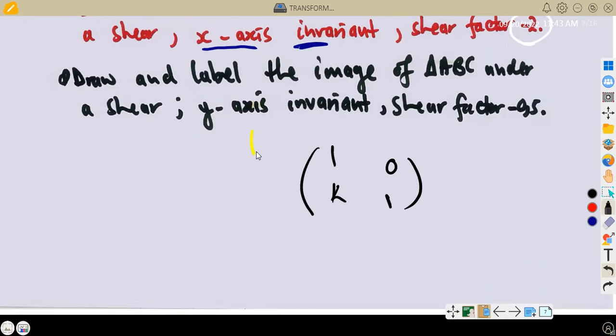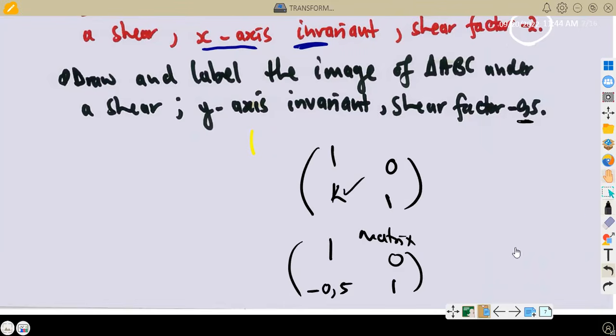We are saying the y-axis is not moving. There's no movement. That is why you see it's 0, 1 like this. But the x-axis is the one being affected, and it's -0,5. So your matrix is going to be 1 -0,5, 0 1 like this. This is the matrix that you're going to use.